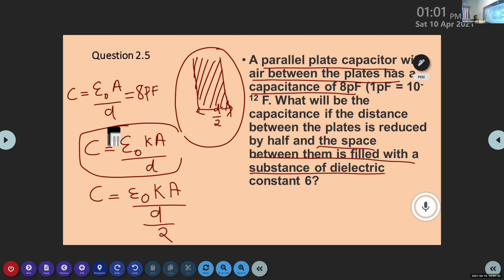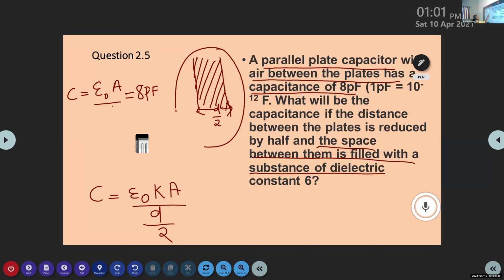So it becomes C is equal to 2 epsilon 0 K A divided by D. We can take this 2 to the numerator, taking the reciprocal.